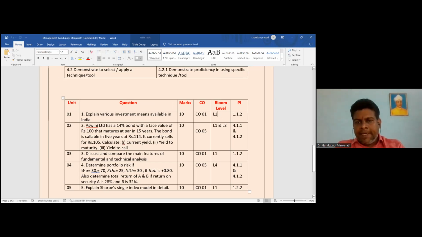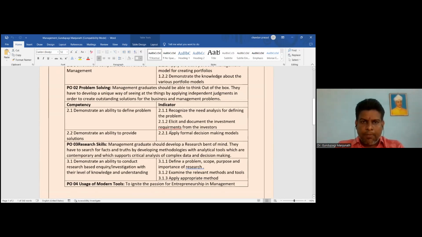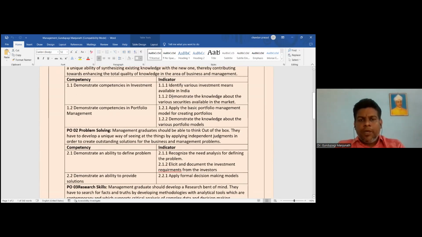And performance indicator. See, performance indicator 1.1: the student will be able to demonstrate the knowledge about the various securities available in the market. See, identify, demonstrate, apply, right?